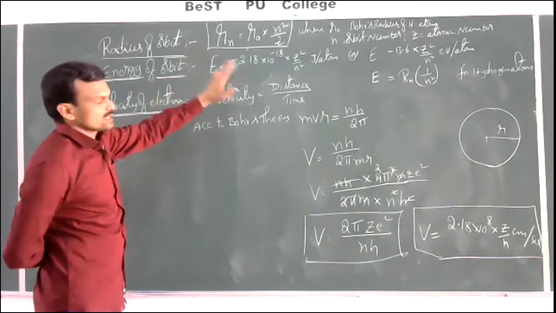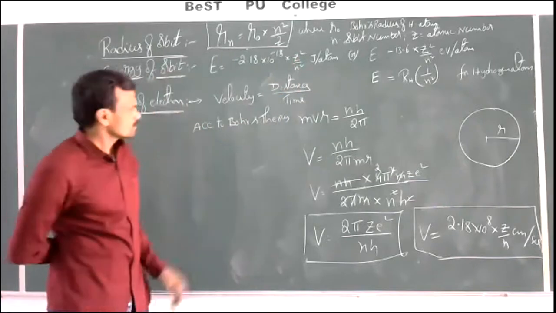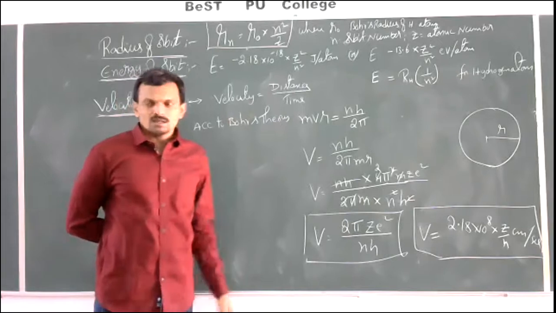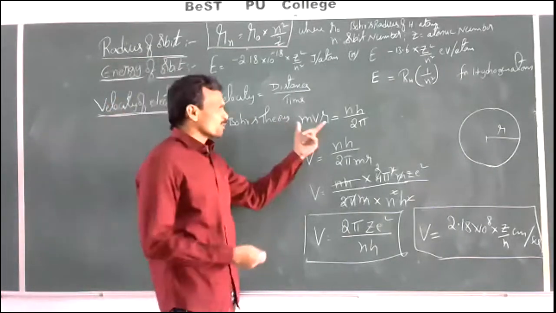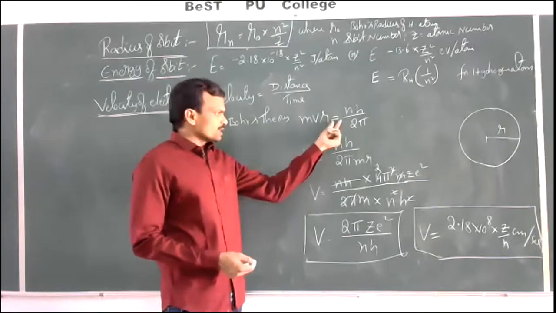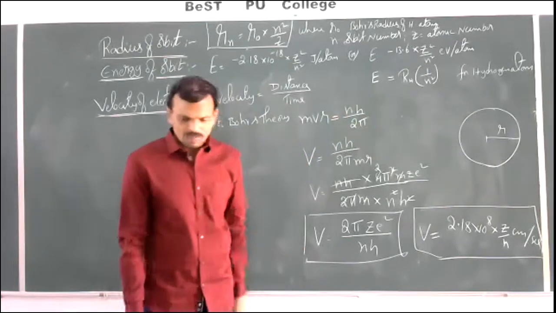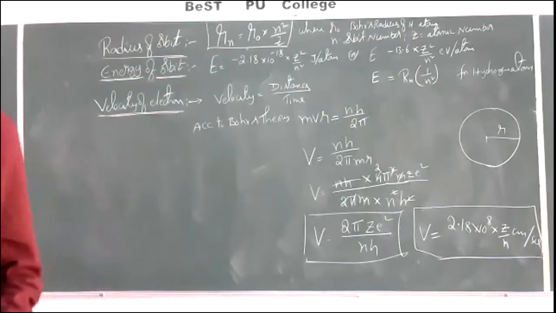As you know, velocity is equal to distance by time. This is a common known relation. According to Bohr's theory, if an electron is revolving in a closed circular path, then angular momentum of revolving electron, that is mvr, is equal to integral multiple of h by 2 pi, means mvr is equal to nh by 2 pi.